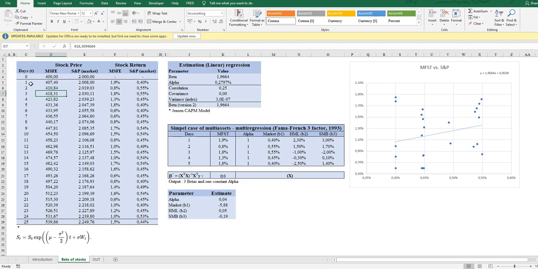And the numbers here are random, so no link to any actual history of the Microsoft stock.